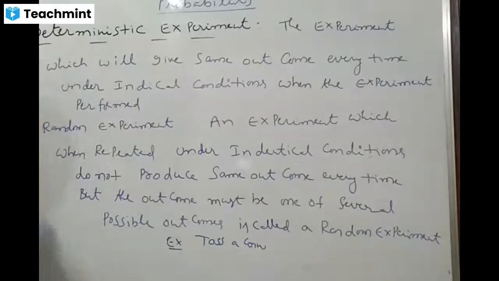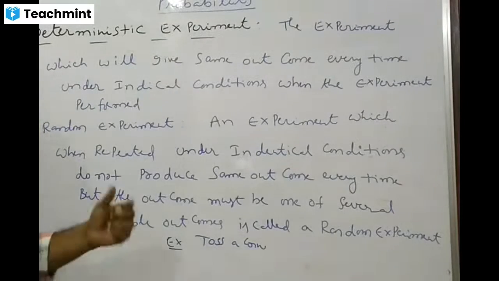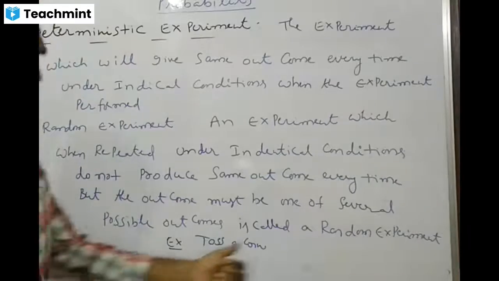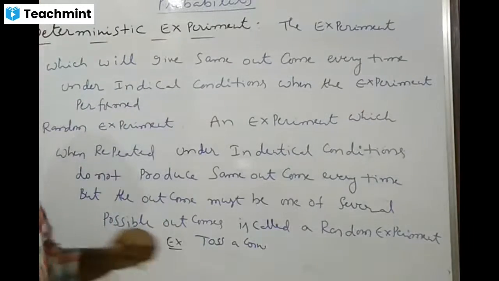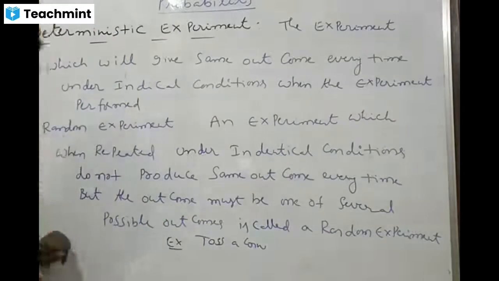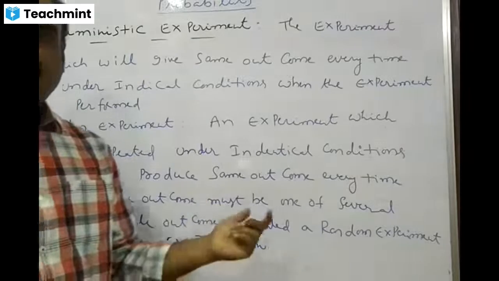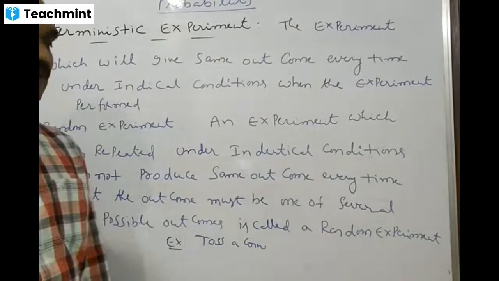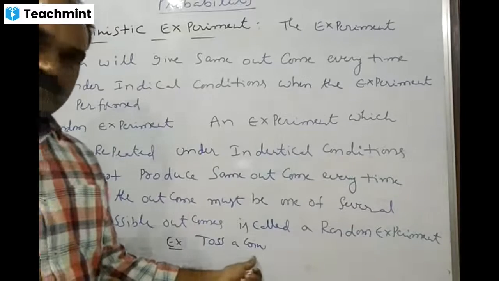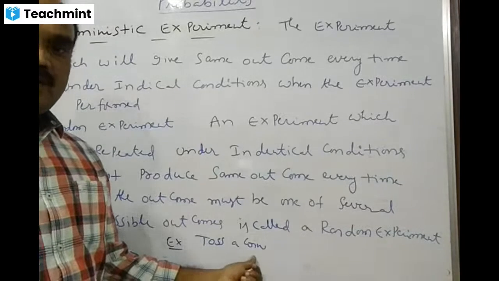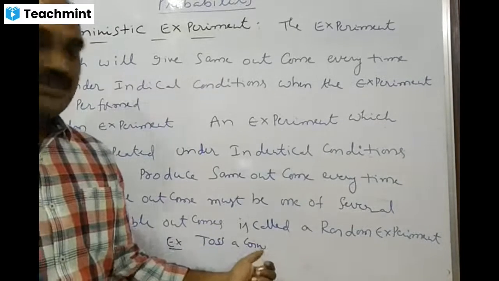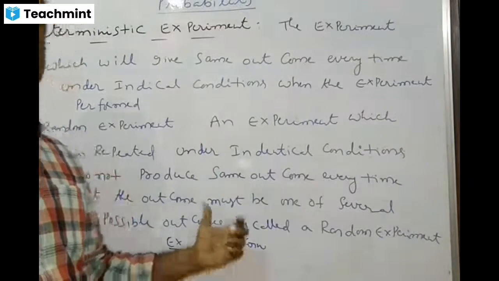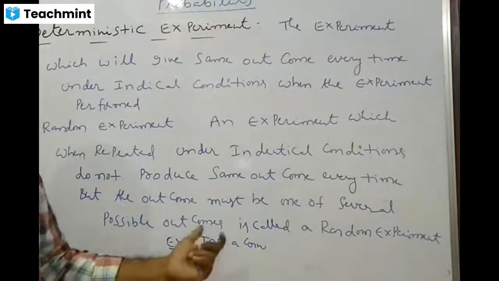Either head appears or tail appears, but out of these possibilities, definitely one appears. This is called a random experiment. This is an example of a random experiment.